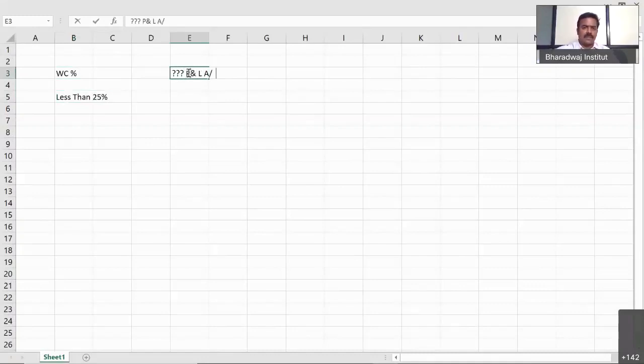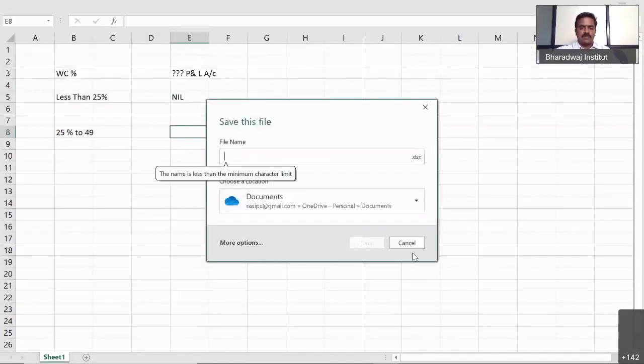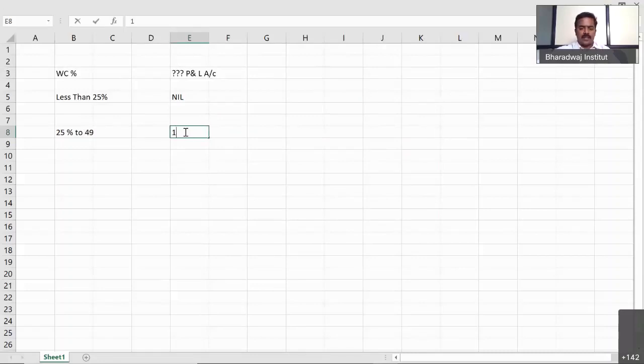Zero. Nothing will be transferred to the P&L account; everything will be kept in reserve. If it is 25% to 49%, how much will be transferred? One third. We put one third of the notional profit.